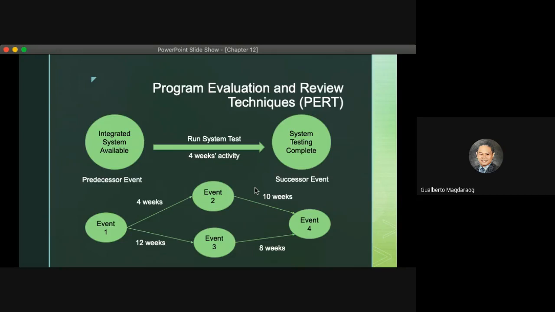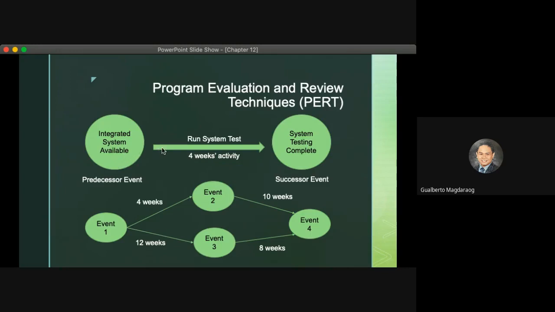Okay, now for PERT analysis, we need to first understand that this kind of technique uses, again, symbols that represent a variable. And the placement of each symbol has a significance on the analysis, meaning the first circle is a predecessor event, meaning we cannot go to the successor event unless we finish the predecessor event first.